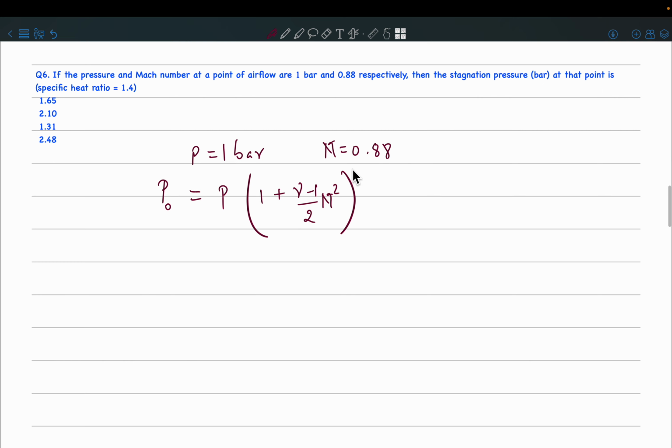Right, so this whole raised to gamma by gamma minus 1. Okay, so now just please calculate and tell me what is the value of P naught that you get. 1.65. Okay, so that is there in the options as well, option A.